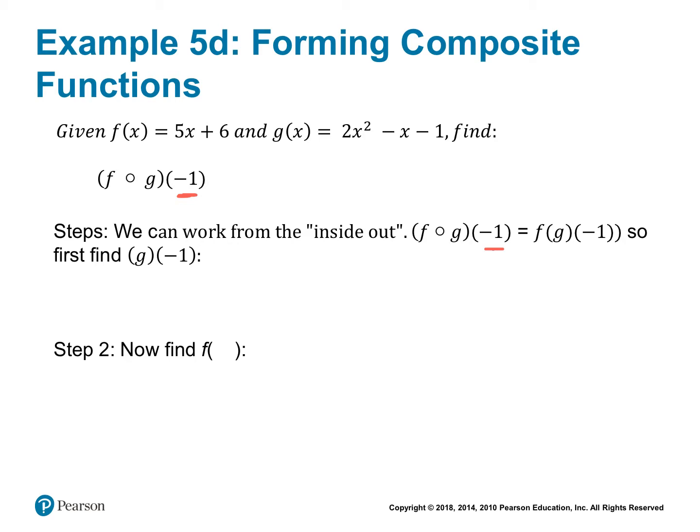First we're going to work with what is g of negative 1. So let's do that first. If I'm trying to find g of negative 1, I'm going to go to my g formula and replace every x with a negative 1.